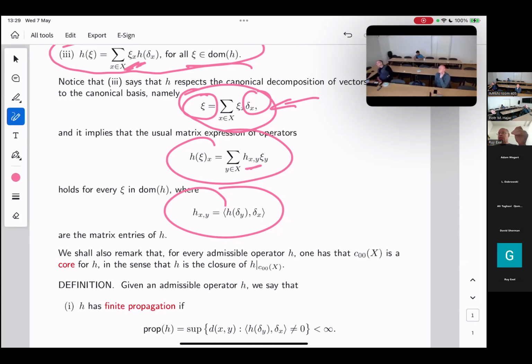The first point is that you want to define the operator on the basis vectors. So the image is going to be what? The corresponding column of the matrix, right? So we certainly require that the columns be square summable. So let's say we have a matrix such that the columns are square summable. Okay, so that allows us to define the operator on every vector which is a finite linear combination of the basis vectors.